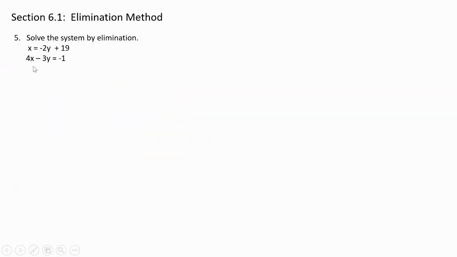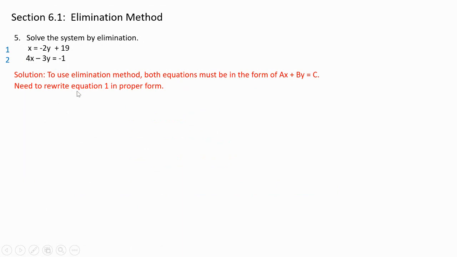Okay, solve by elimination. So to solve the system by elimination, I have to put both equations in the form ax plus by equals c. Equation 2 is already in that form, but not equation 1. We need to rewrite equation 1 in proper form.